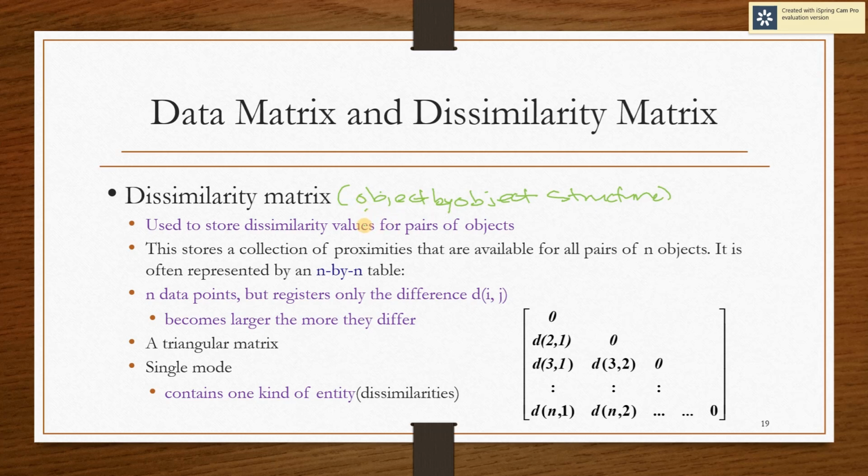So the dissimilarity matrix is used to store dissimilarity values for pairs of objects.